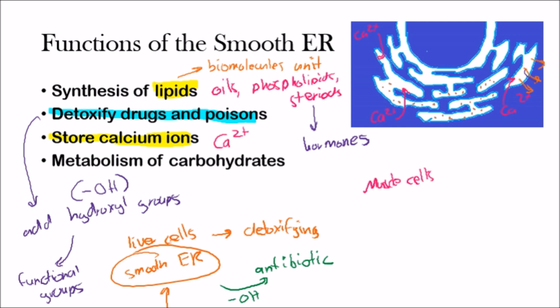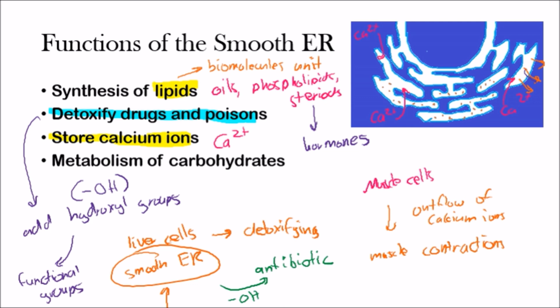So since there's a huge outflow of calcium ions from the smooth ER into the cytosol, this is going to trigger muscle contraction. Okay, so that's basically how your muscle cells contract, by this outflow of the calcium ions out of the smooth ER.